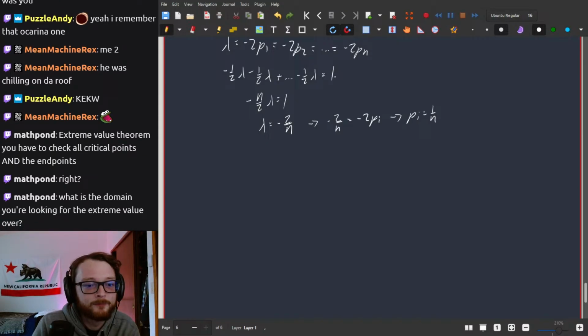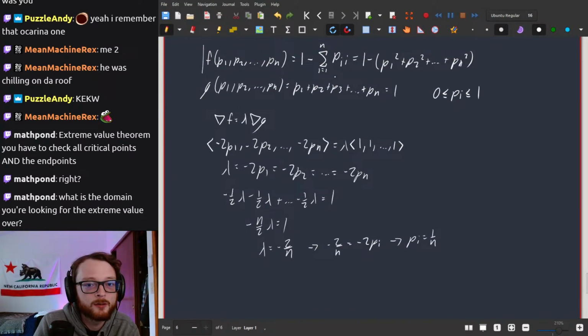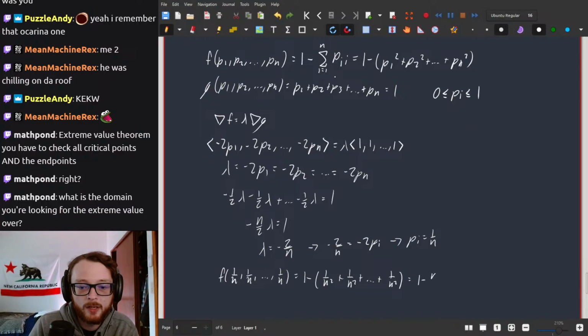What we want to do is check the value f of 1 over n, 1 over n, dot dot dot, 1 over n. 1 minus 1 over n squared plus 1 over n squared, and so on. We have n many of them. 1 minus n over n squared, which is 1 minus 1 over n.